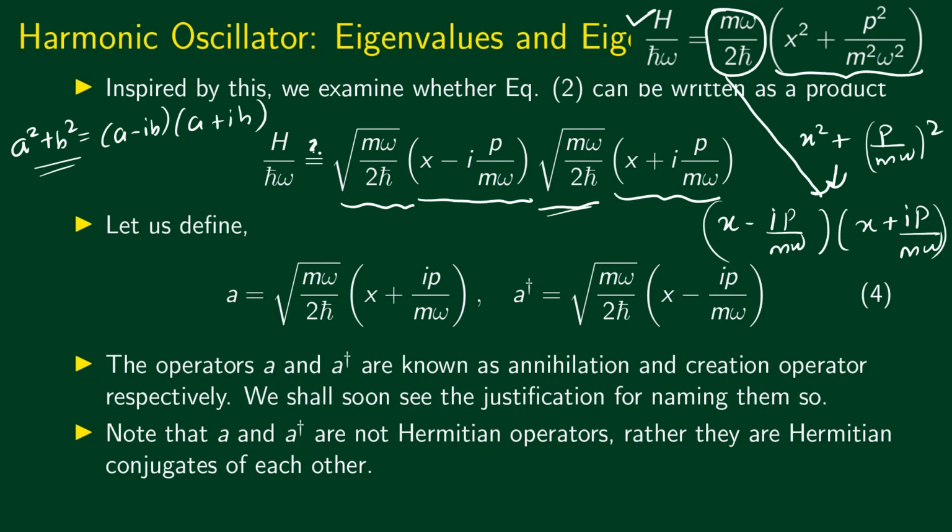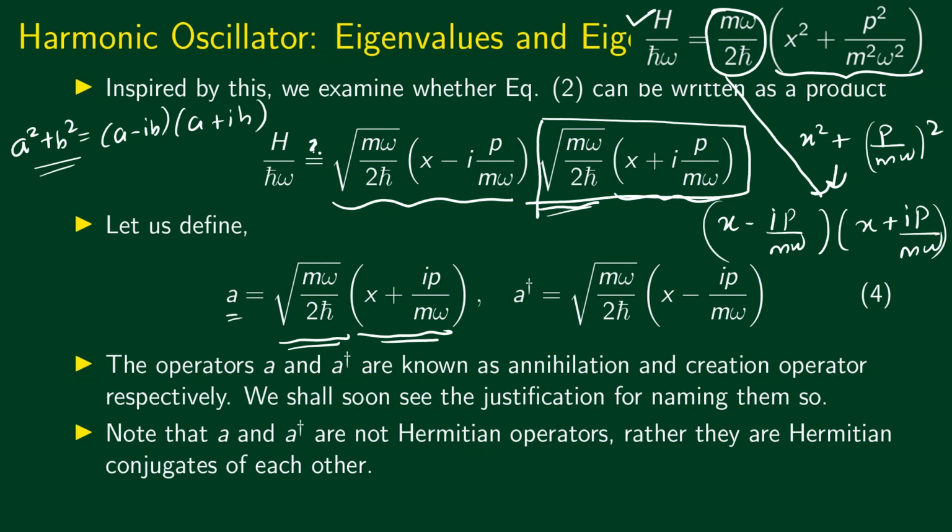Now let's name the operators appearing here. This operator we shall call A. We shall define operator A equal to square root of m omega divided by 2 h bar x plus ip divided by m omega. Now we see that the operator that appears here is actually a Hermitian conjugate of this, right? Because x and p are Hermitian operators.